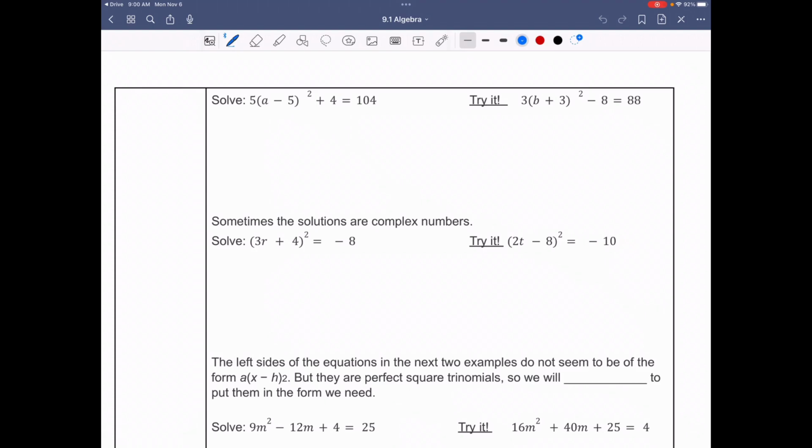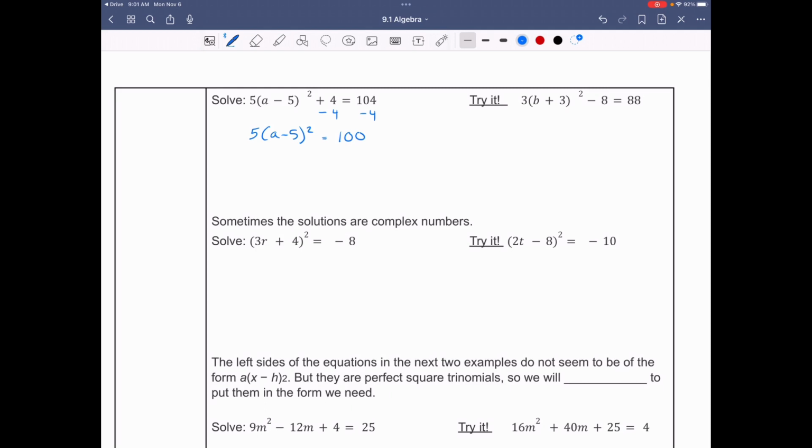Similar to what we learned about solving radical equations, when we solve quadratic equations, we want to get the squared part isolated. So the first thing I'm going to do is subtract 4 from both sides, so that I have 5(a minus 5) squared is equal to 100.